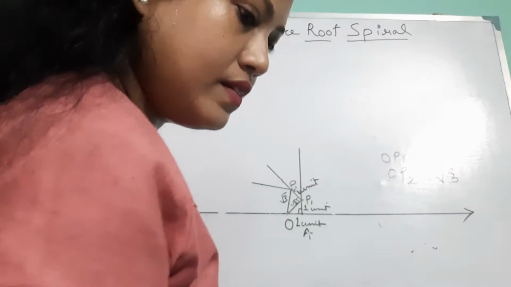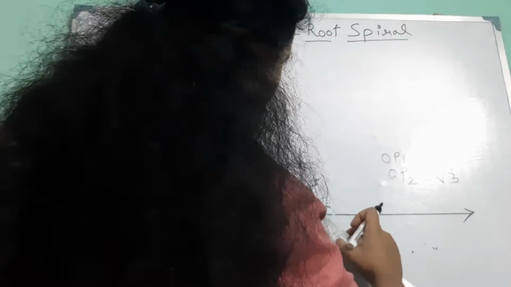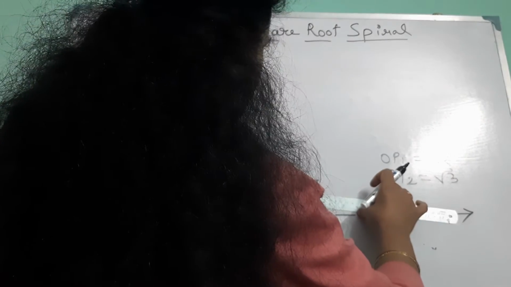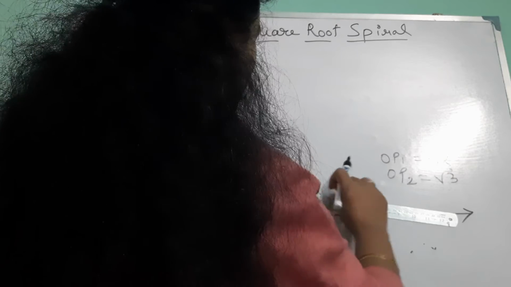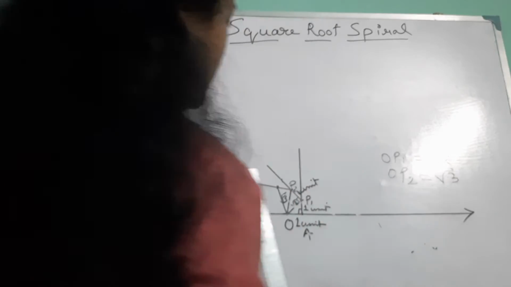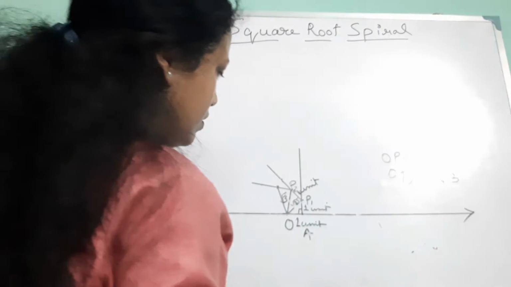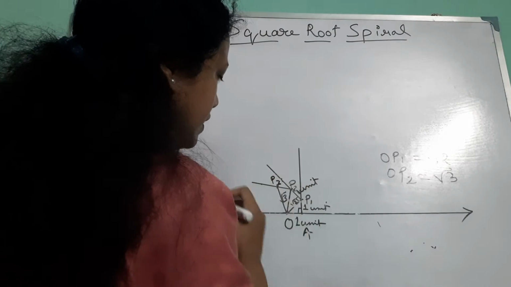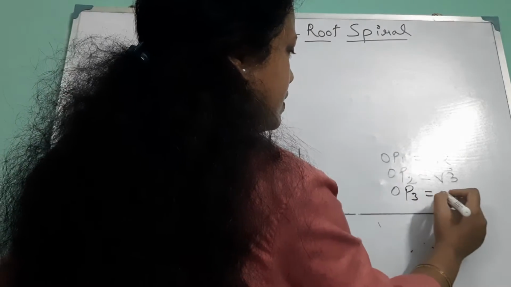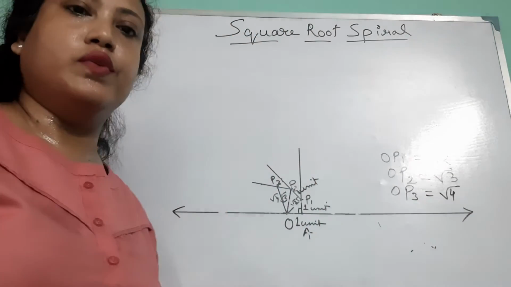Again 1 unit length you have to take. 1 unit we will take here, and join this with here. Now this is P3 and OP3 is root over 4.